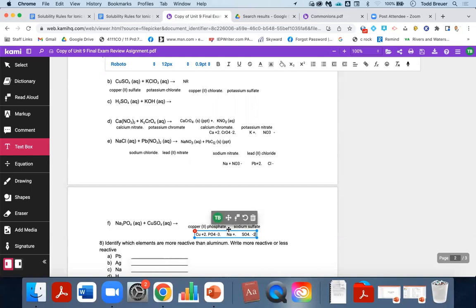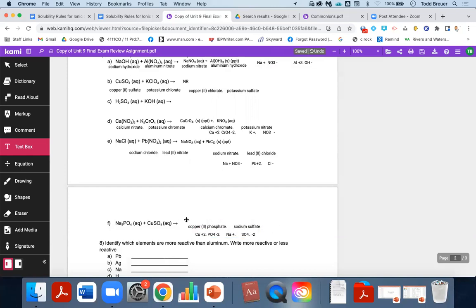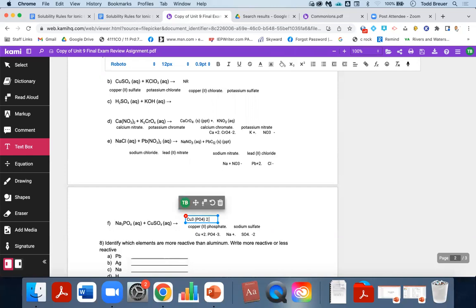We'll crisscross those charges to come up with formulas. That means we would need 3 Cu and 2 PO4. We decided that was insoluble, so that gets the s, the ppt symbol.